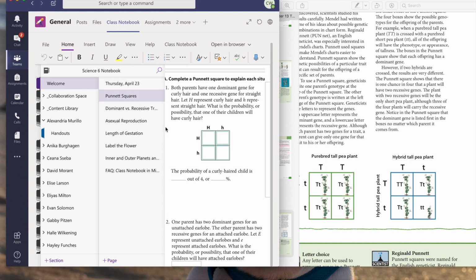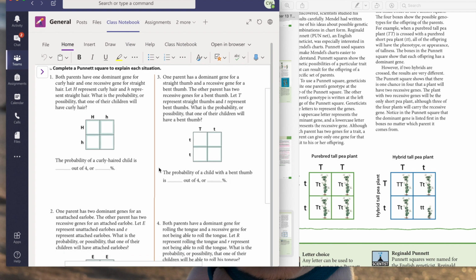I'm going to go into my page though, and looking here, it's not a long assignment, but you may be having some trouble understanding what to do with these squares. I know it says what to do in your textbook, but I want to show you exactly how to do it. We've talked about Mendel's research on genetics and how the parents pass down traits to their offspring.